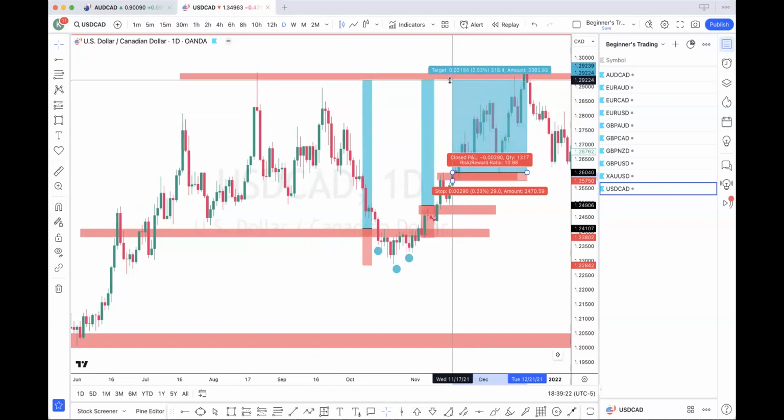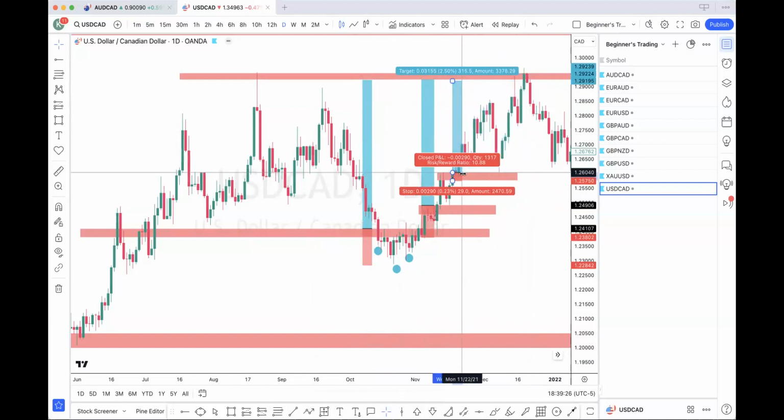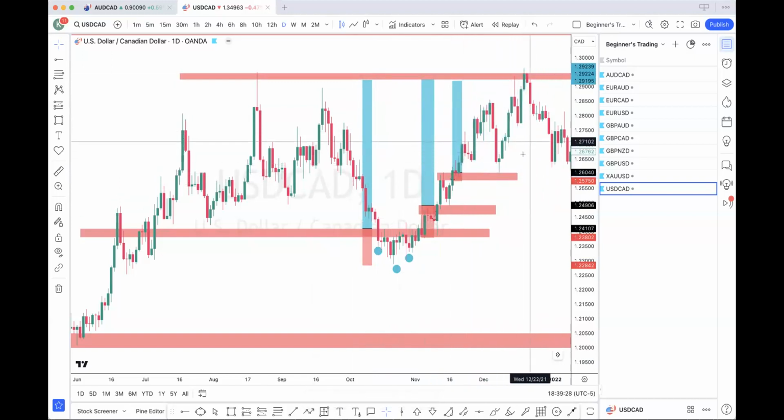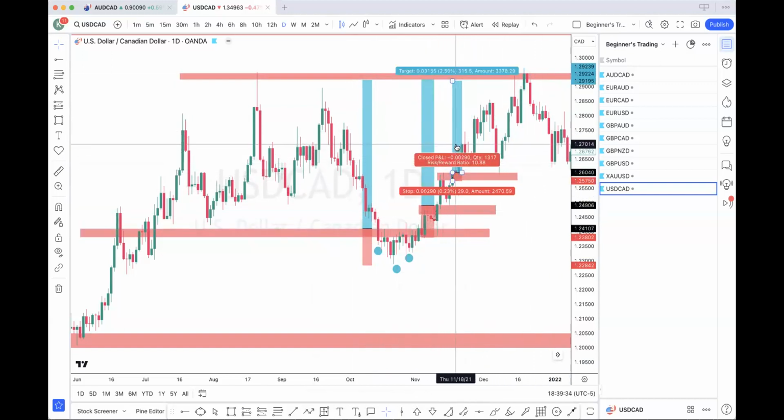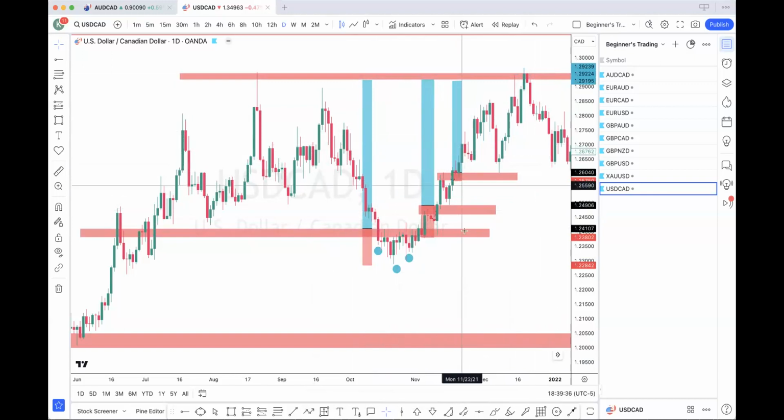And then your target is always going to be the same target, right? Okay. So your next level of support resistance, and I don't see anything, there's a little one here, but now this is the key.